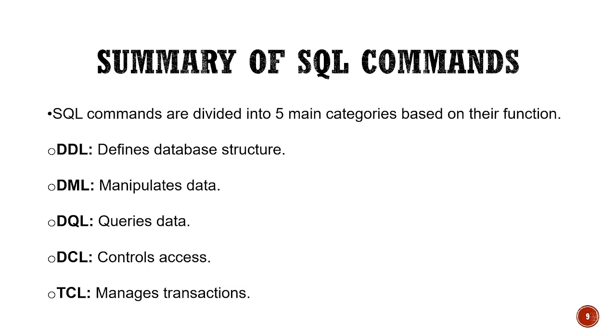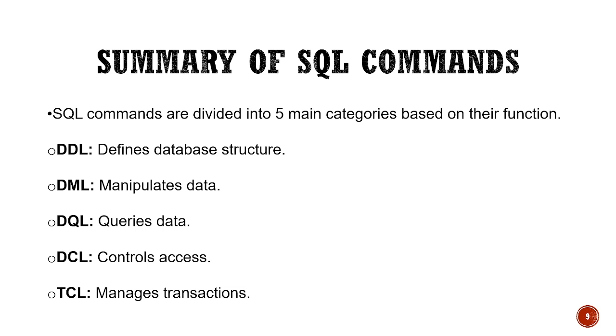Fourth is data control language. Whenever you want to grant any access to another user, at that time we can use DCL. Then TCL stands for transaction control language. I already said that whenever we want to make our changes permanent, at that time you can use commit.